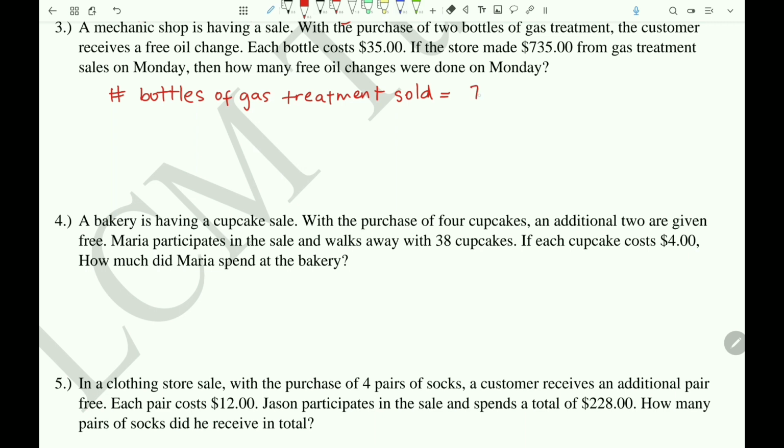So the total was $735, and each bottle of gas treatment costs $35. So 735 divided by 35, you can do this division yourself. That is 21, right? So that means that 21 bottles of gas treatment were sold, right?